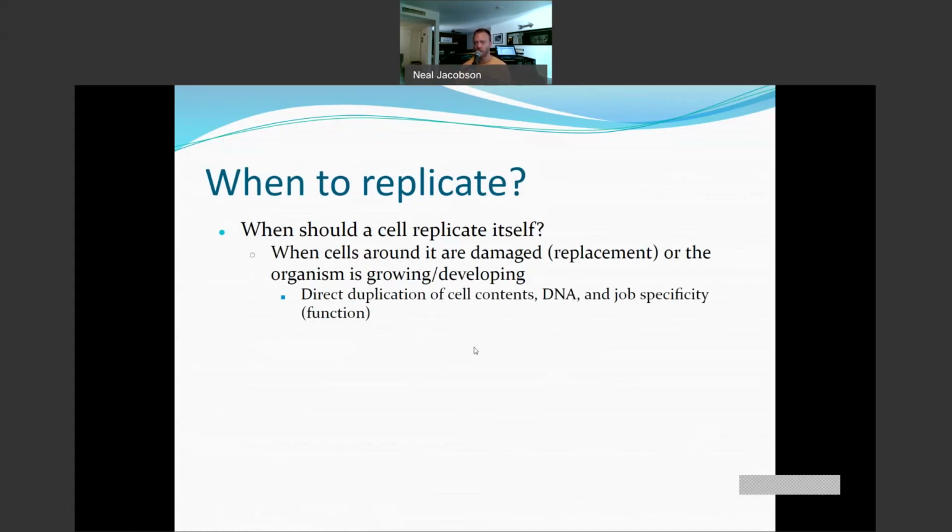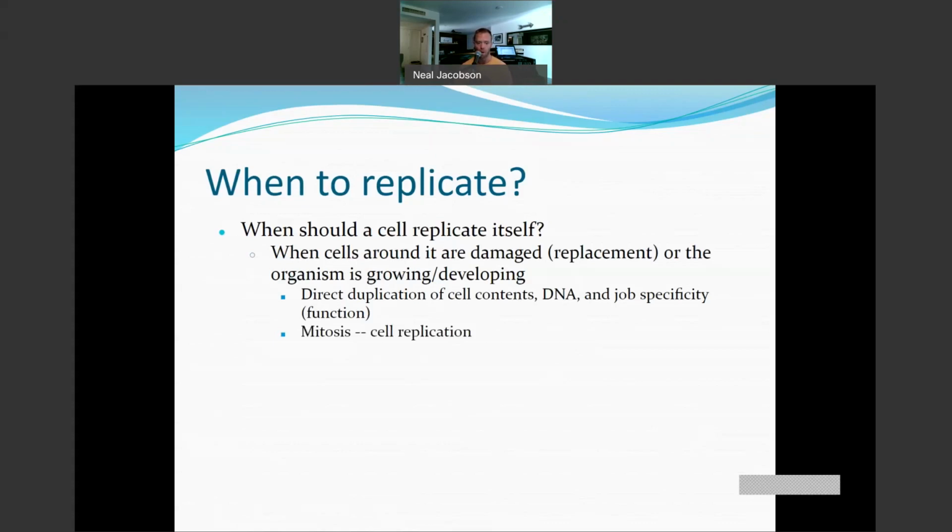The mitochondria are going to duplicate, the chloroplast if it's in a plant cell, the lysosomes, the vacuoles, all of that stuff is going to replicate, right? But the most important part is the DNA is going to replicate itself, right? So you get a direct duplication of all the stuff in the cell, the DNA that's in the cell. And then if it's a cell like a heart cell or a liver cell or a lung cell, the job specificity of that cell will also be replicated and shown forth in the new cell that's made.